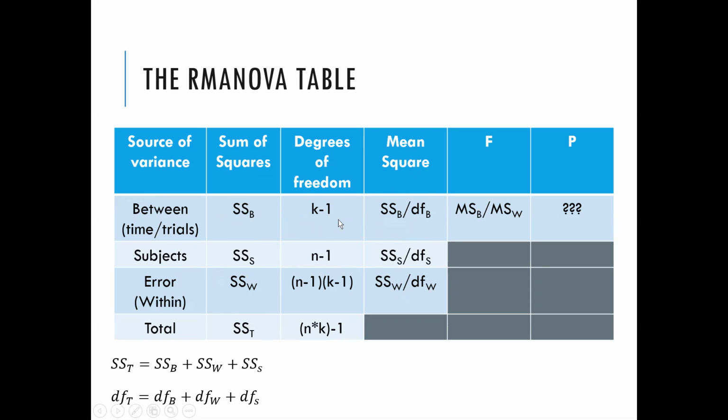And then these are just the equations for the degrees of freedom. Okay, and again, K is the number of groups and N is the number of individuals. And then our F statistic is the mean square for between divided by the mean square for within. And then we can get our p-value when we compare our F statistic to the critical value.